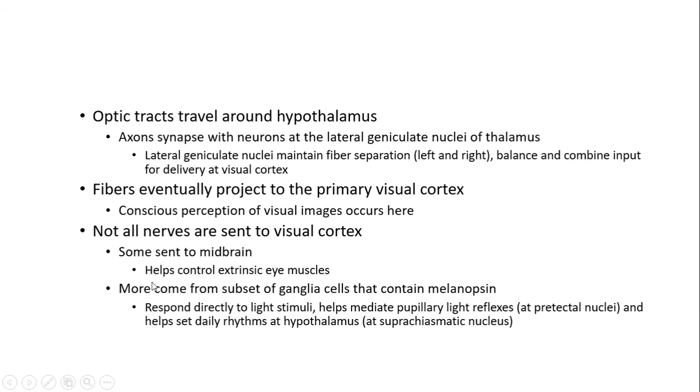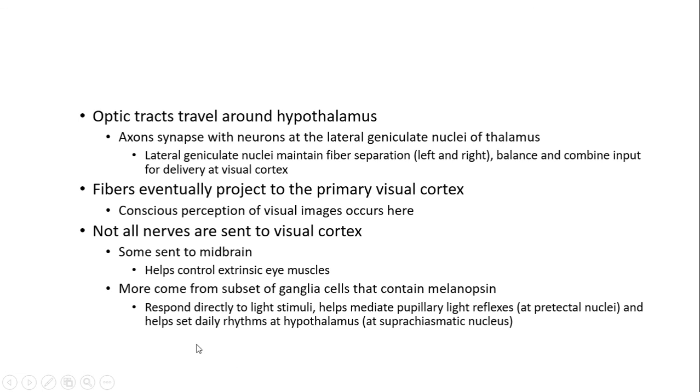And these are just going to help control the extrinsic eye muscles, the muscles responsible for reflexes, for example blinking. Let's say a fly comes across your face, you have the blinking reflex, right? That's basically because the midbrain is responsible for these visual reflexes, the closing of your eyelids in that reflex.